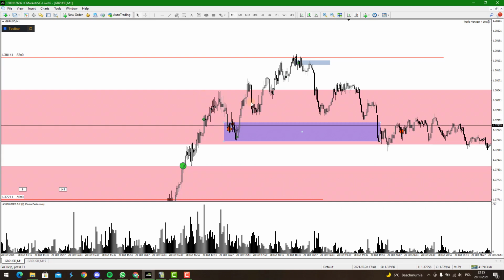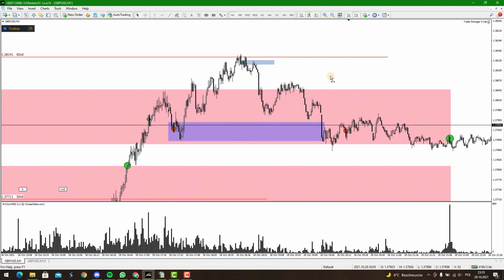Yes, because the supply, if broken, should be deleted. Here I wouldn't have the zone marked. So I would only have this level and the freshly made demand to look for a good trade. And it happened.